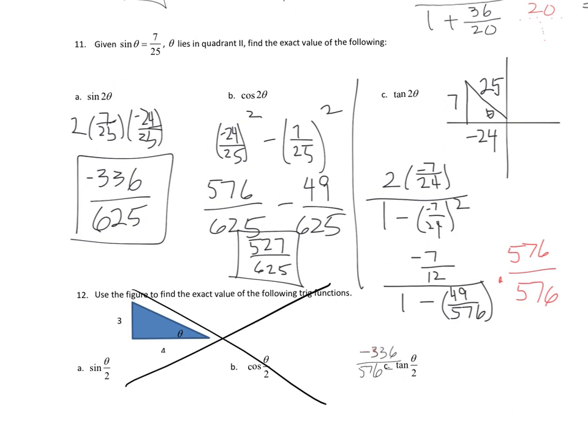We have a 49, and then we go ahead and subtract them. So will give us negative 336 over 527, and that's your final answer.